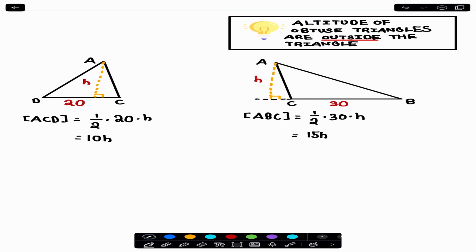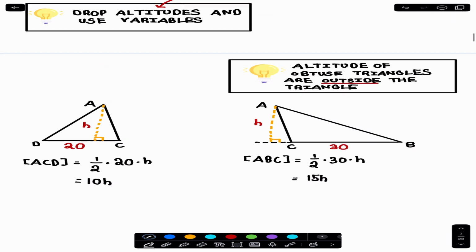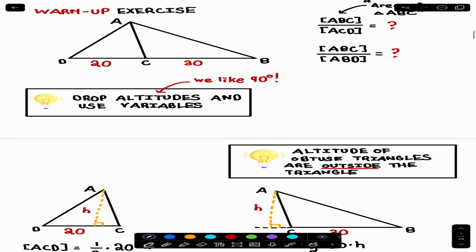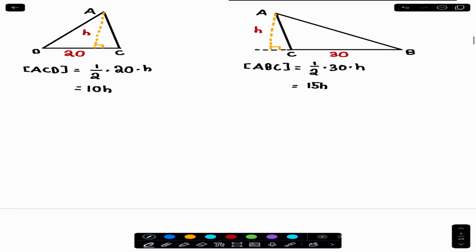So if we are to go ahead and answer our original problem, we just need to take the ratio of these two areas. So the ratio of the area of triangle ABC to the area of triangle ACD is 15h over 10h.